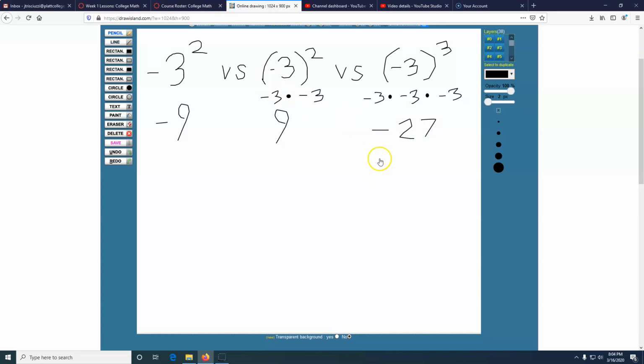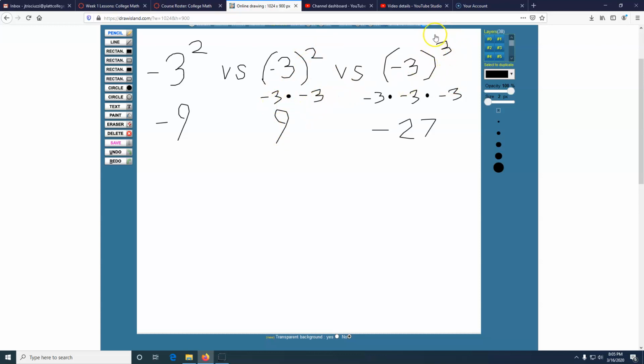So you have to watch out when you have negative signs. For one, they have to be inside parentheses to be affected at all. So if it's on the outside, it sticks around no matter what this power is. Number two, if there is parentheses, you have to be careful and look at how does it play out. Now, a little short tip here that you can remember is when they're in parentheses, even powers will always give you positive values because there's always going to be a pair of signs to cancel out.